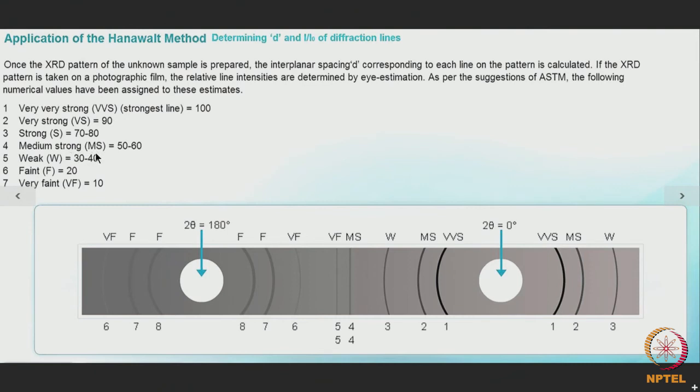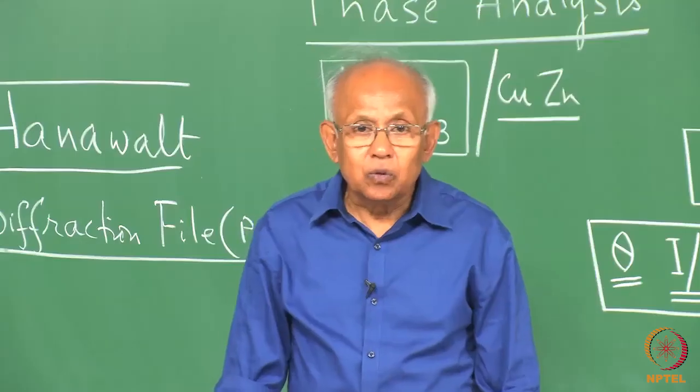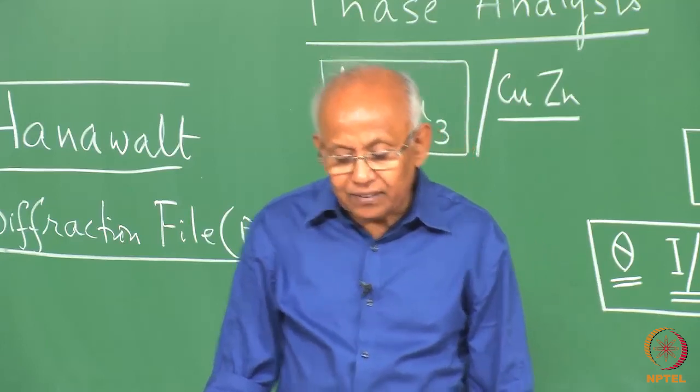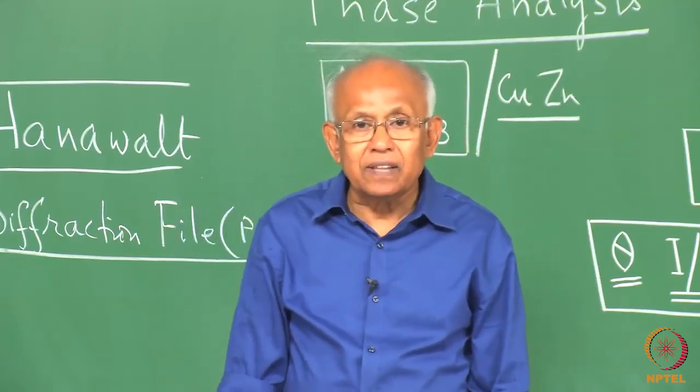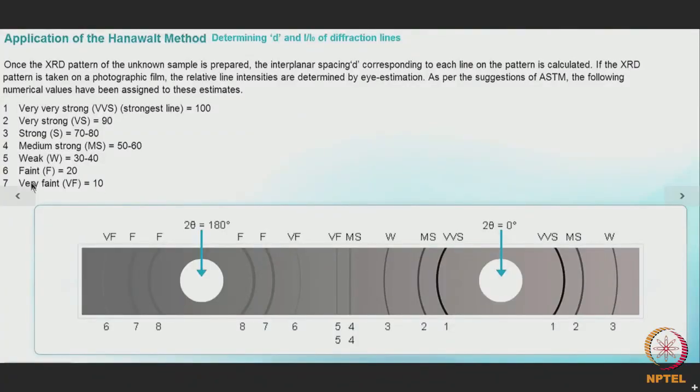Then comes the medium strong MS with relative intensity lying between say 50 to 60. Then comes the weak lines with relative intensities 30 to 40, the faint or F lines with relative intensity around 20, and very faint or VF lines with relative intensity of around 10. So, this type of a scale we normally use to estimate the relative intensities of the different lines in the pattern by eye estimation, as has been done in this particular case.